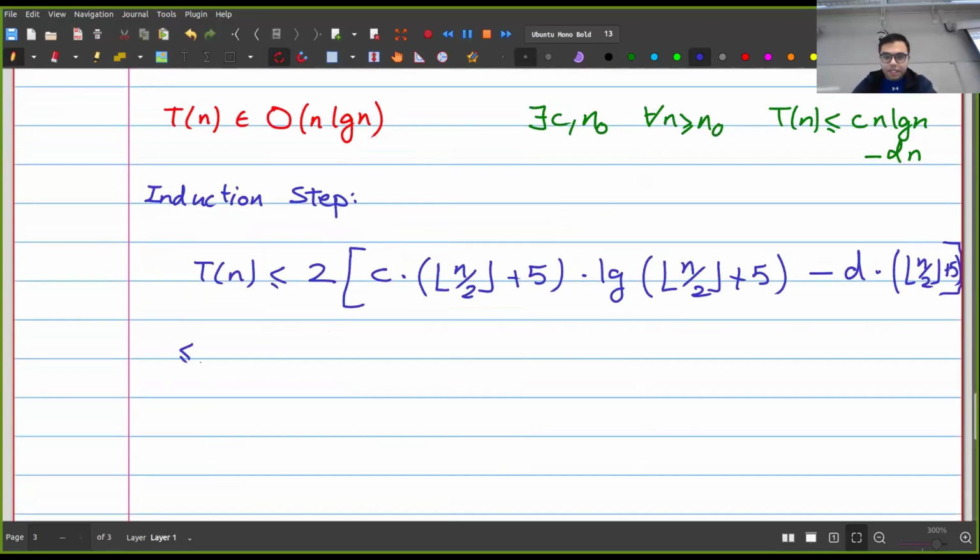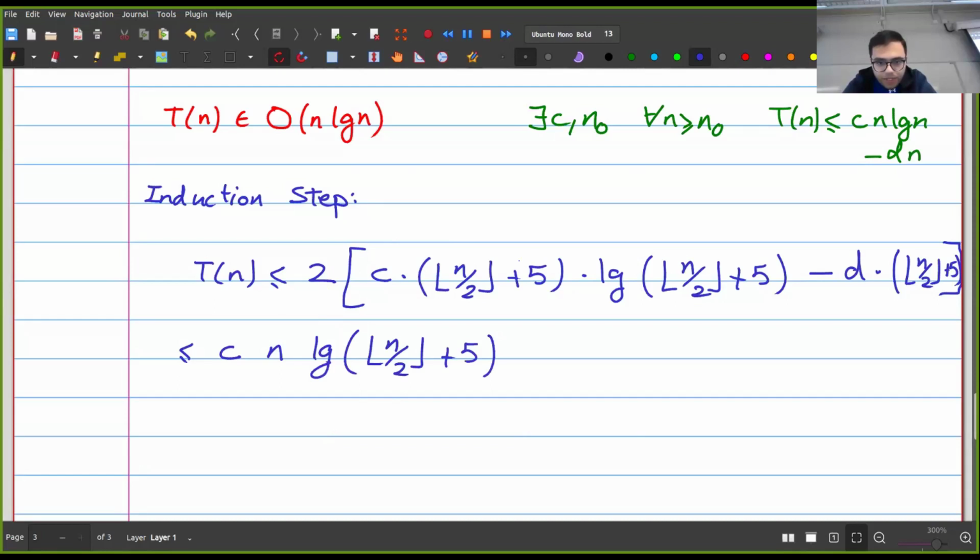Now, let's get things out. So this is less than or equal to 2 times n/2 is at most n. So I have Cn log of n over 2 plus 5. Okay, so this is this part.